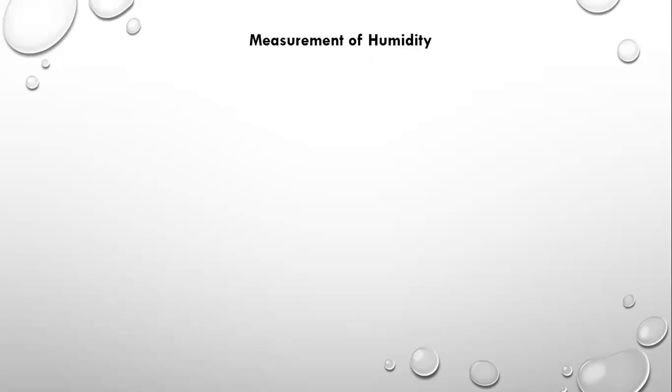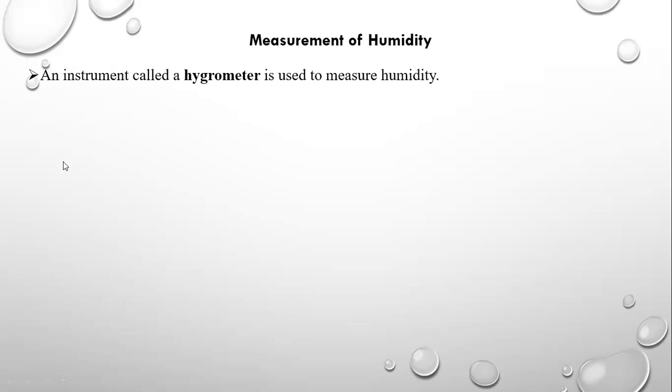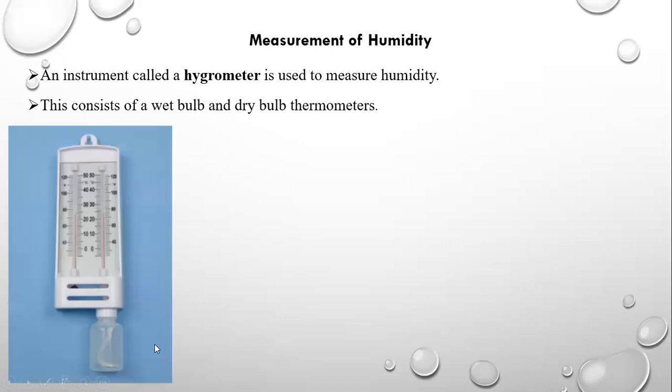Now, how do you measure humidity? An instrument called a hygrometer is used to measure humidity. This consists of wet bulb and dry bulb thermometers. So this is how the instrument looks, with a combination of a dry bulb thermometer and a wet bulb thermometer.